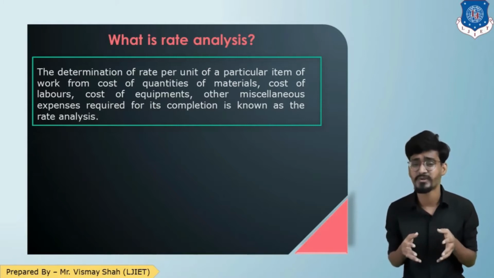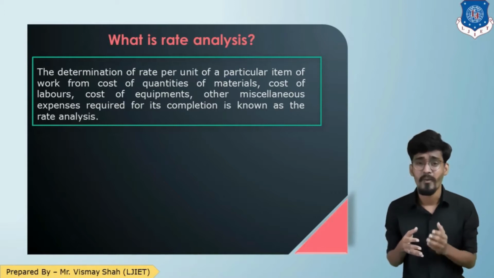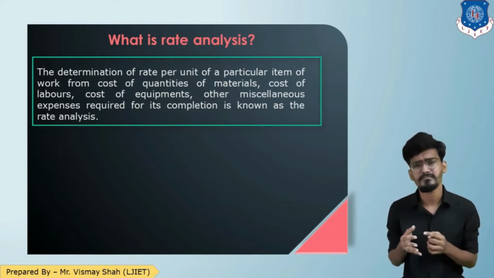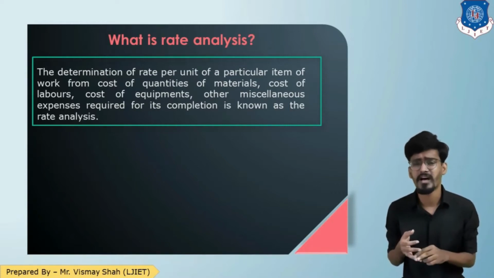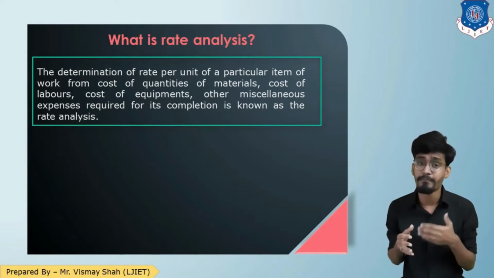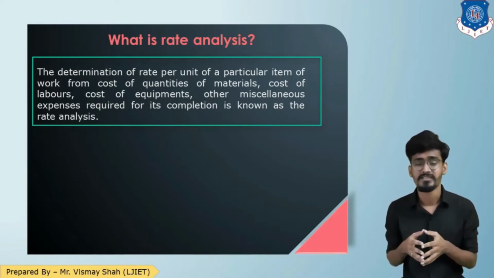So that is known as rate analysis. That means when you add up your material cost, labor cost, equipment cost and the other miscellaneous cost and divide it per unit, that is your rate analysis. So I hope we are clear about what is rate analysis.